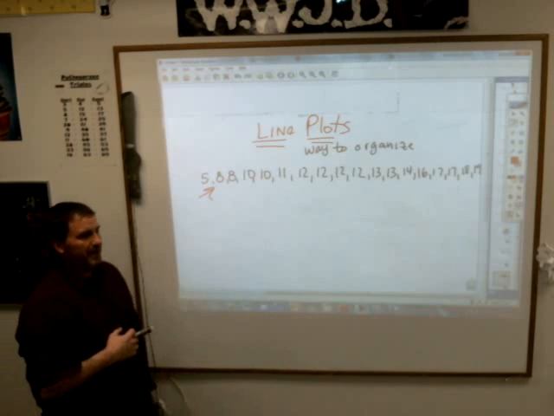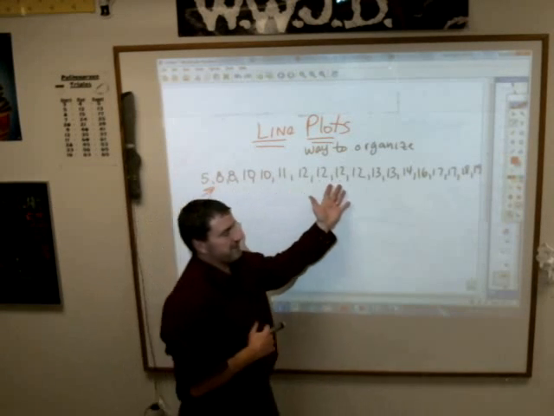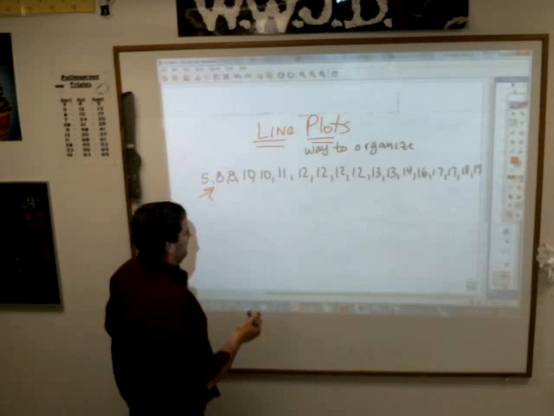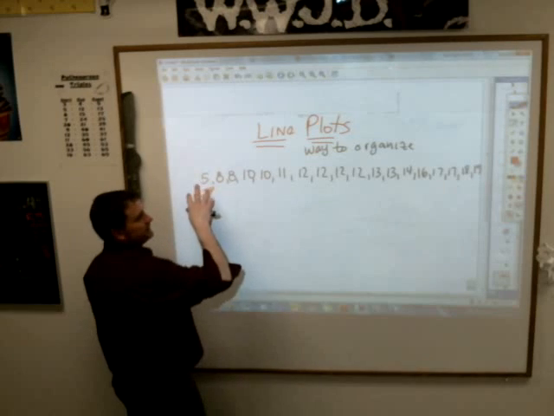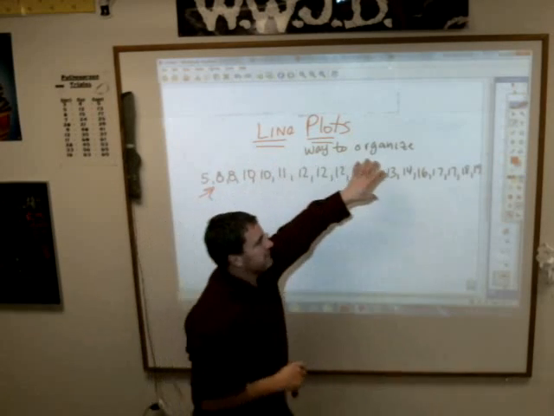This is what a line plot would look like. It's a way to organize these numbers so that you can kind of see how many numbers of each type you have. The first thing you would do is think about the range. You're going from 5 to 19.